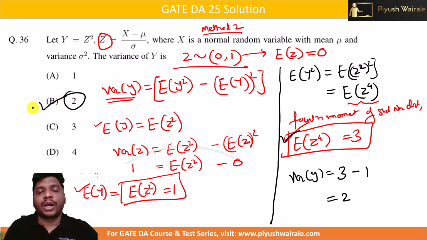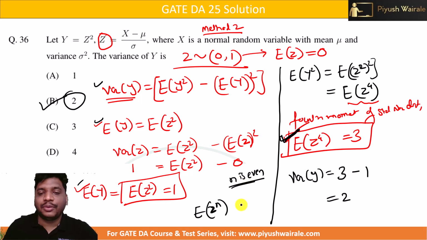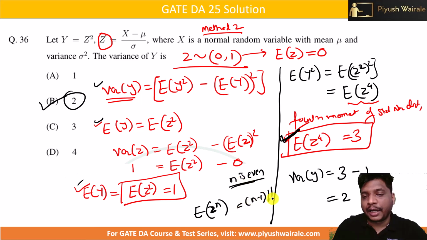I hope you understand what we have done in this particular video. These are all simple things, but the main important point is the fourth moment of a standard normal distribution. In general, expectation of z to the power n, where n is even, is equal to (n minus 1) double factorial.